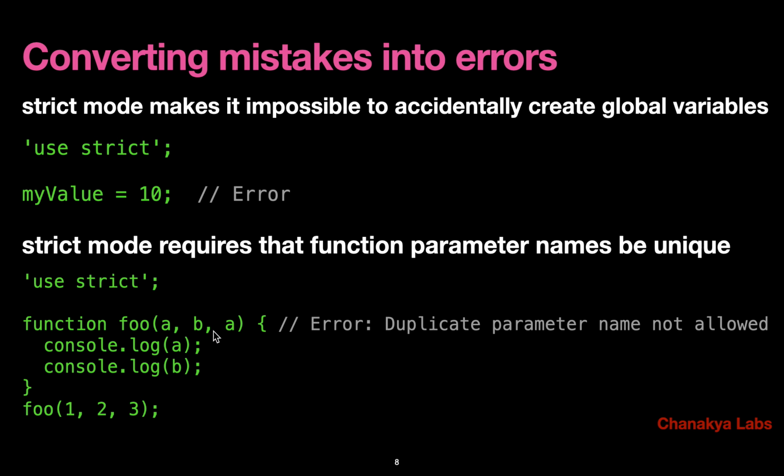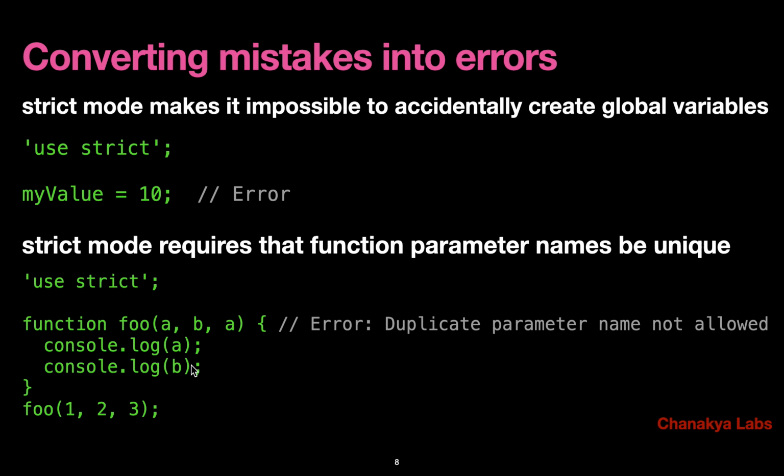So whatever comes last, that value is taken for all the places a is used. The third parameter, which is a in this function, takes the third argument, so a will be 3.